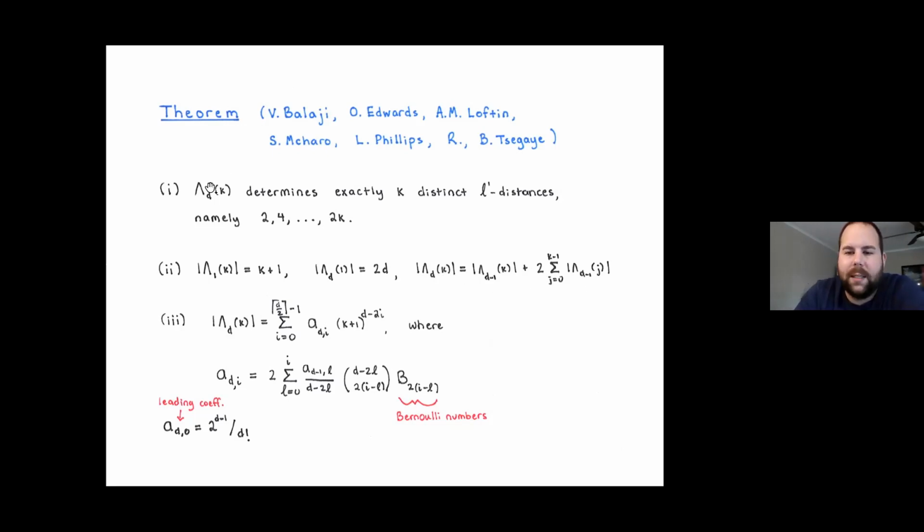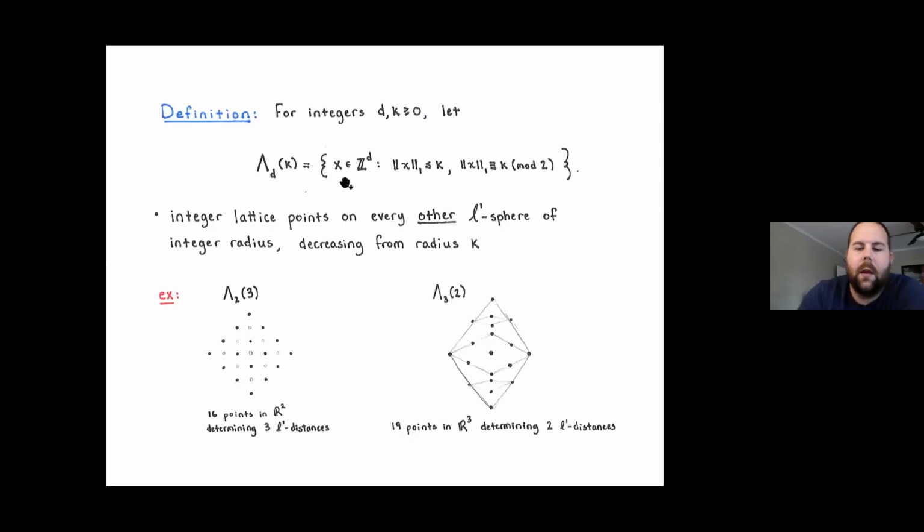Let me go back one slide. The idea of that recursive formula is if you look here at lambda 3, 2, in the XY plane, that's a copy of lambda 2, 2, right? 2 distances in R2. Then if I go to Z equals 1, that's a copy of lambda 2, 1. And then at the top, you have a point, that's a copy of lambda 2, 0.